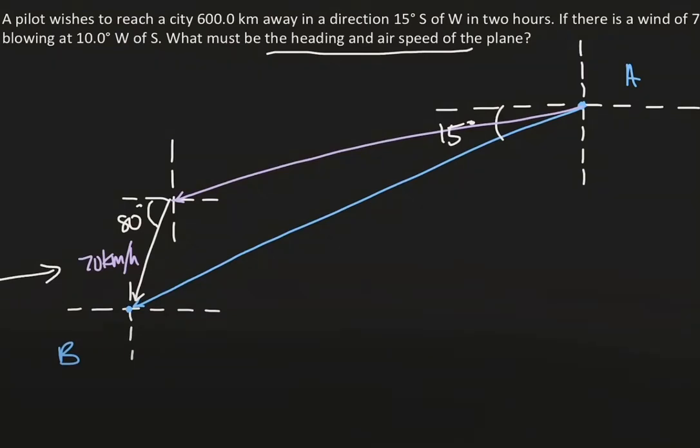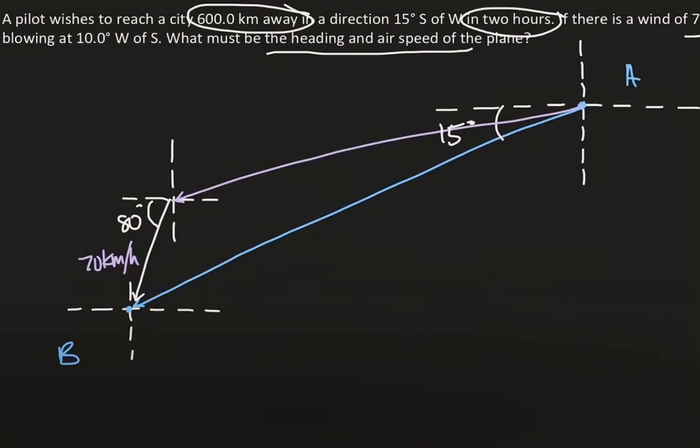Okay, so let's take a look at what we know and what we need to know. They tell us that the wind speed is 70 kilometers per hour, but we actually also know the resultant speed. That is because we know the distance that we have to travel and how fast we need to get there. So that is our resultant, because that is how fast we actually want to go.